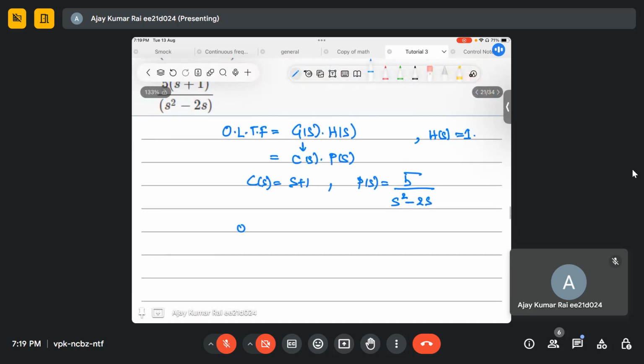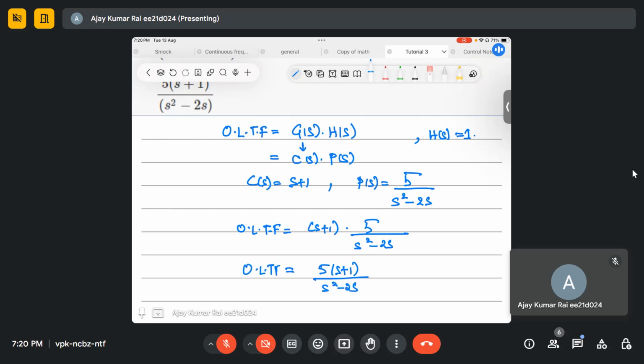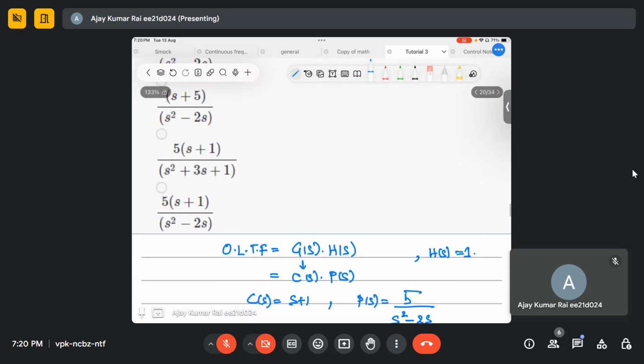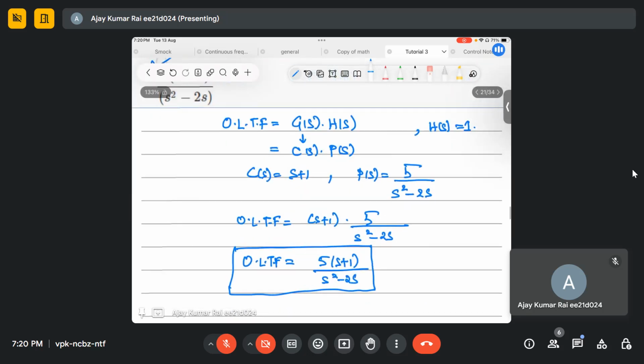So let's find the open loop transfer function: s plus 1 into 5 over s square minus 2s, which is equal to 5 into s plus 1 over s square minus 2s. So this is the correct answer. I think it's a very simple question.